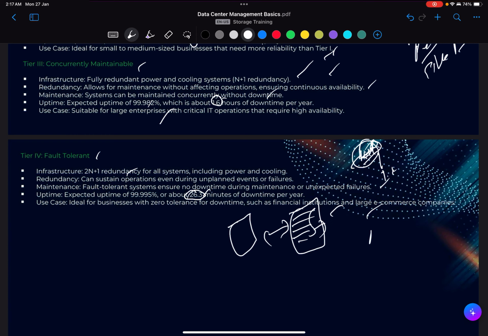In the disaster recovery time, there are RTO and RPO, the recovery time objective and recovery point objective. The time it takes to recover an application is the recovery time objective.